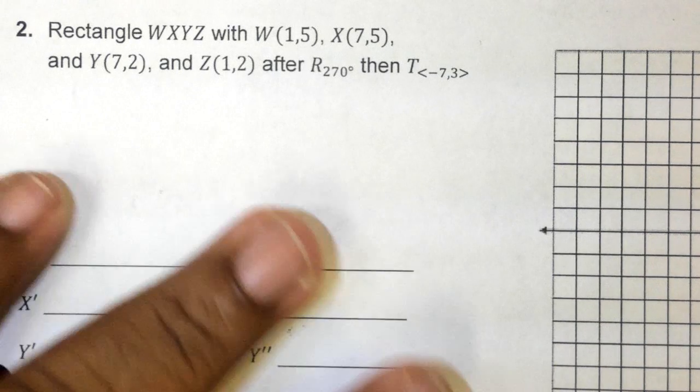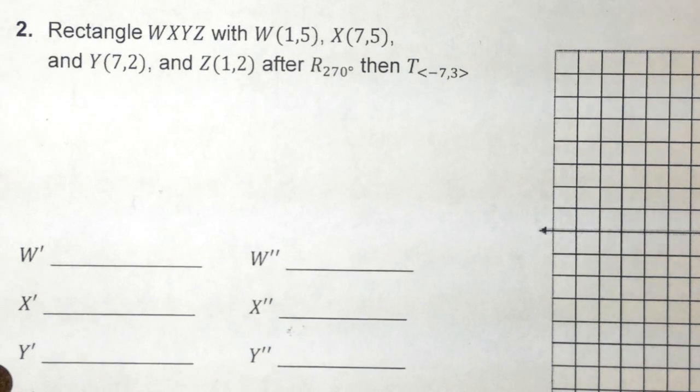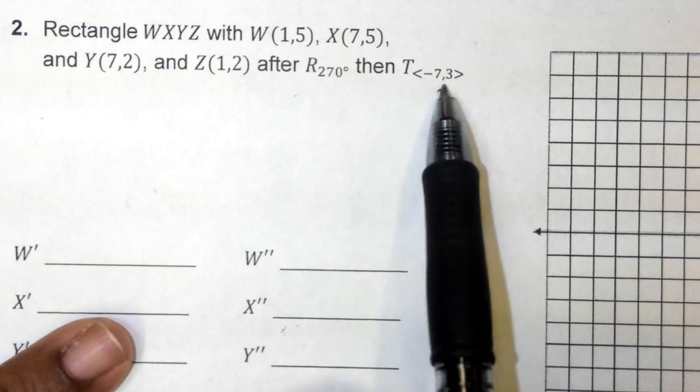Rectangle. W, X, Y, Z. They say after. You know, I don't want to read it. I want somebody to tell me. I feel like picking on one, but I don't know why I like messing with one. Irvin, right here. This is what they're telling us to do right here.